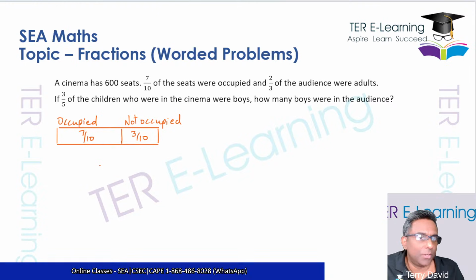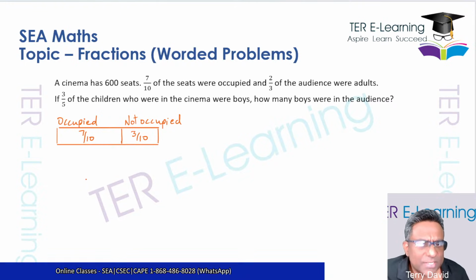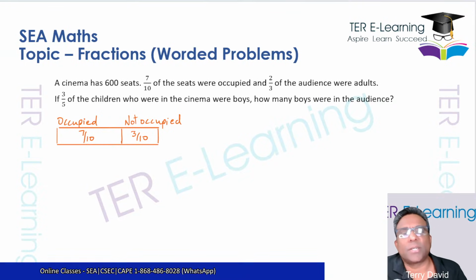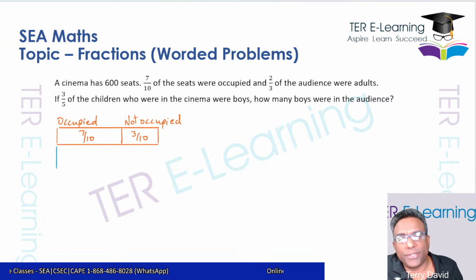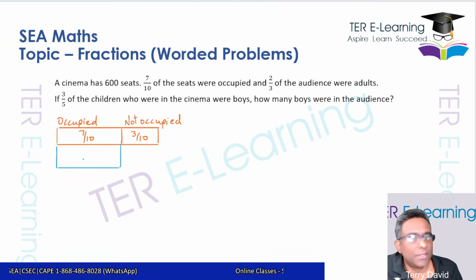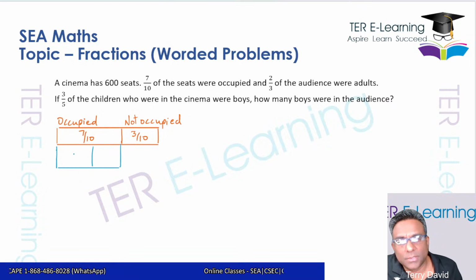So what else are they telling us? They said 2/3 of the audience were adults. So let's break up what is occupied into adults and kids. 2/3 of the audience were adults, so 2/3 here represents adults, and that means 1/3 will be kids.